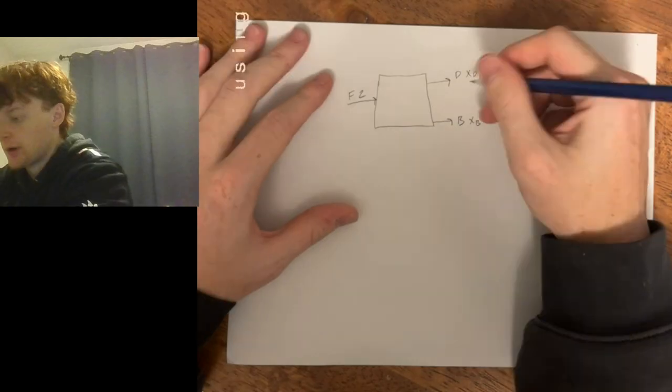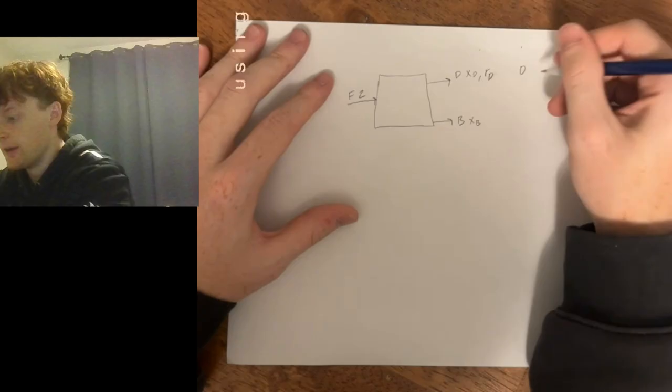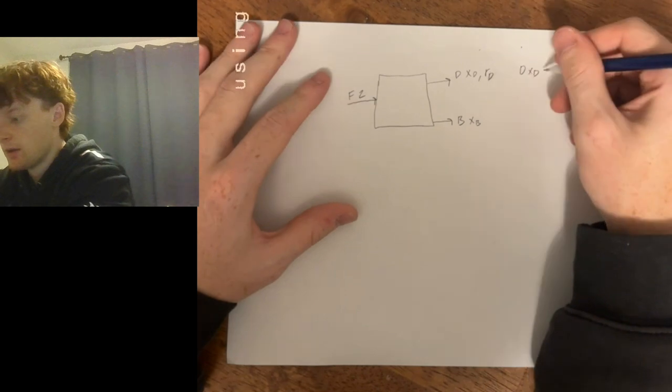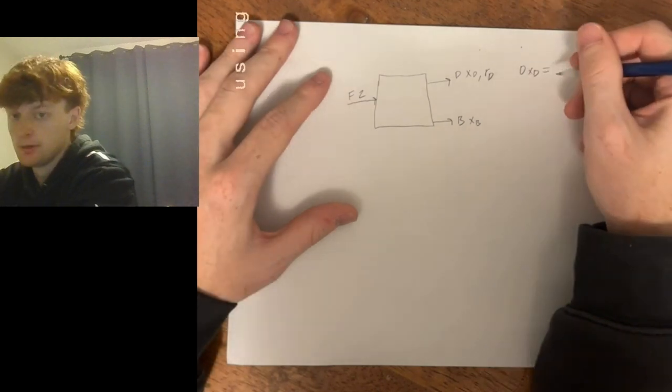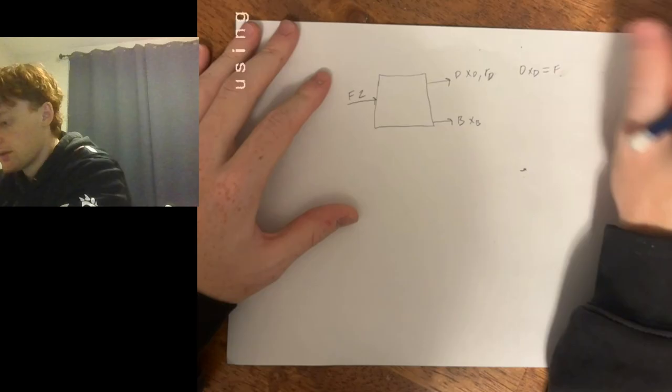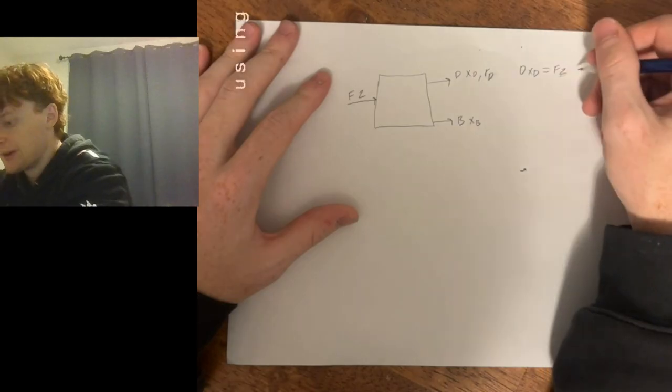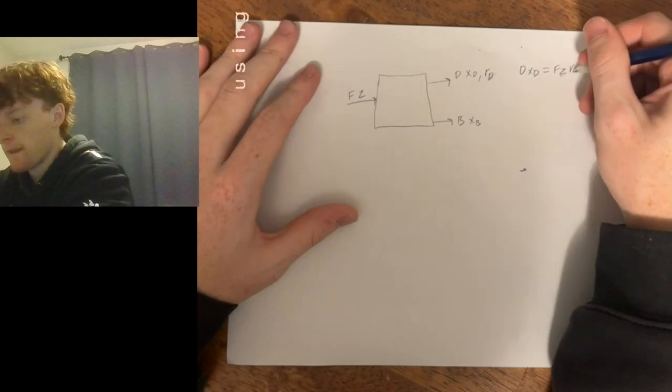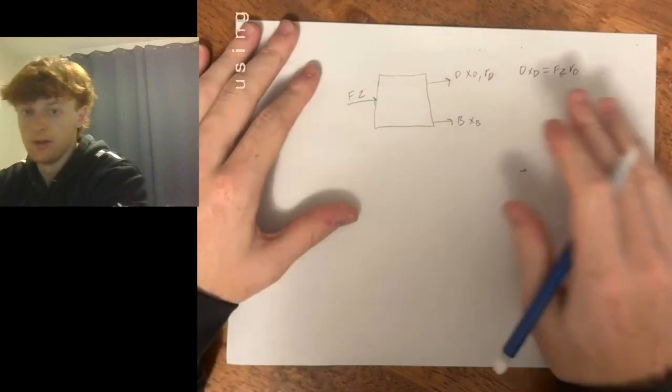So we're going to start with our distillate here. We have D, and we times it by our liquid mole fraction, XD, and that is equal to our feed F times Z, which gives us the liquid mole fraction, and then times our recovery rate, RD.